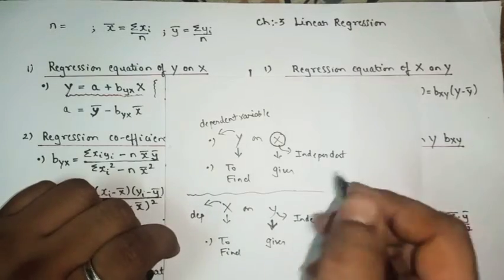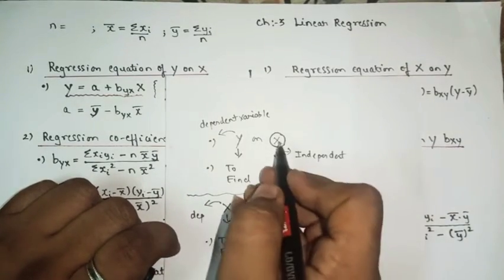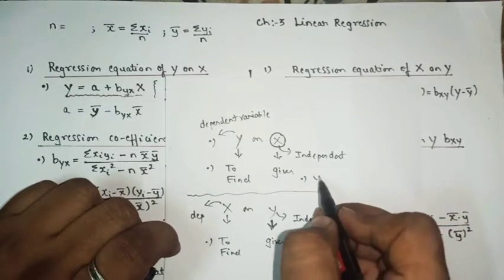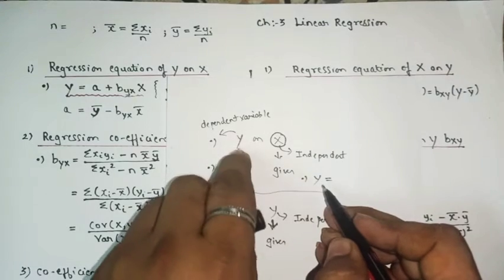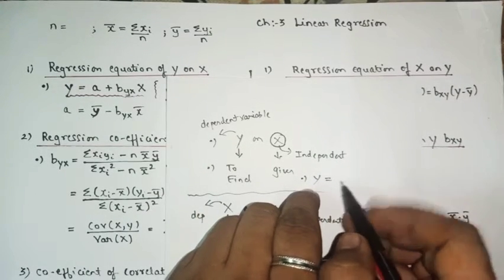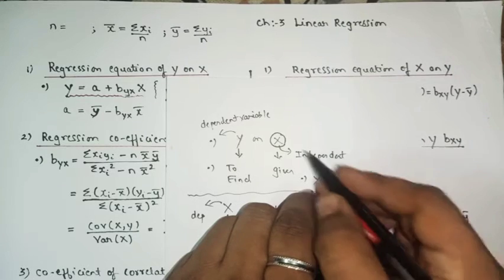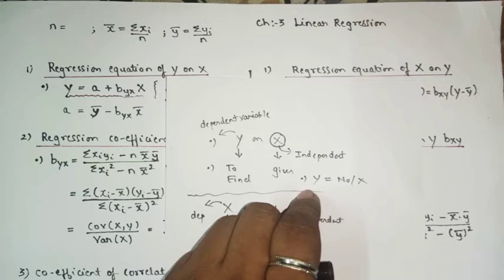Or else you can remember like this also. Y on x means what? Y will be on the left hand side. This dependent variable will be on the left hand side, and the remaining numbers and the independent variable, that means x, will be on the right hand side.